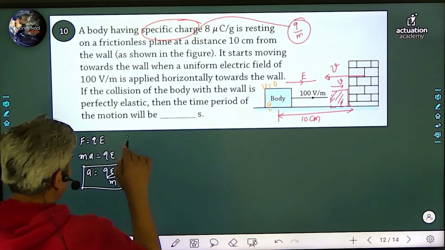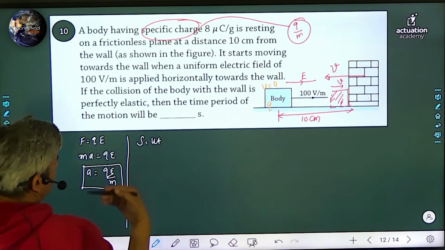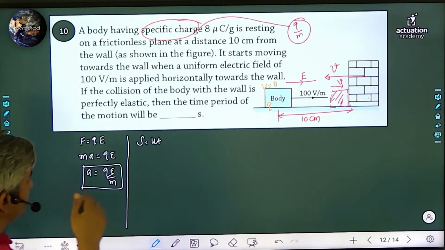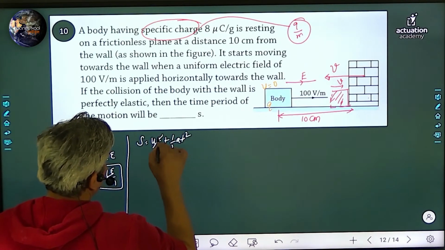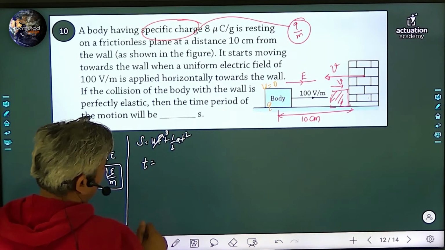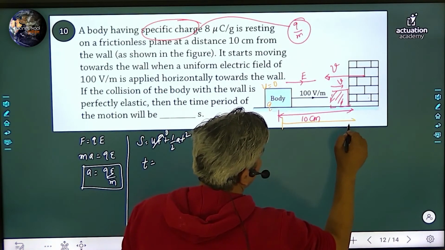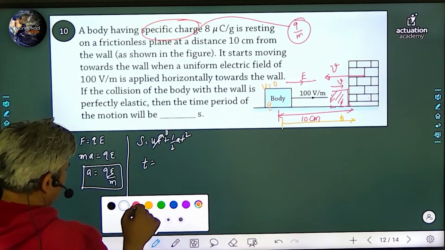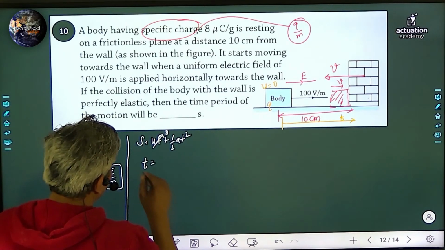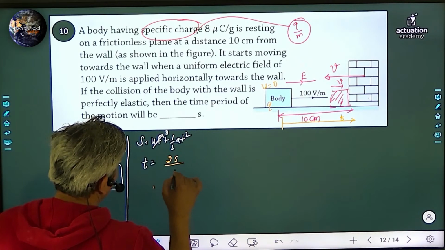Now, because acceleration is constant, we can make use of Newton's equation, S is equal to ut plus half at square. Now u is 0. So t is simply the time to start and reach the wall. So t is equal to under the root 2s divided by a.